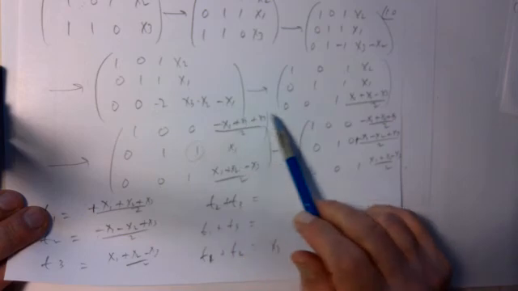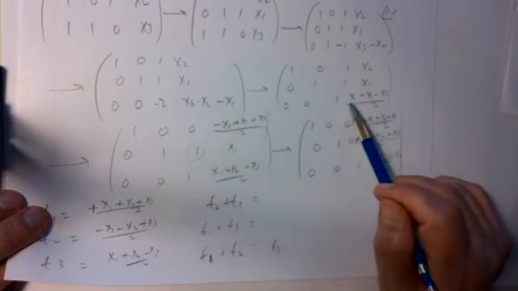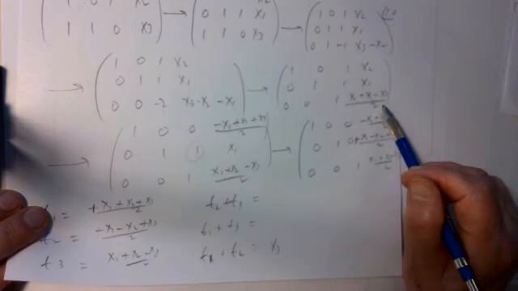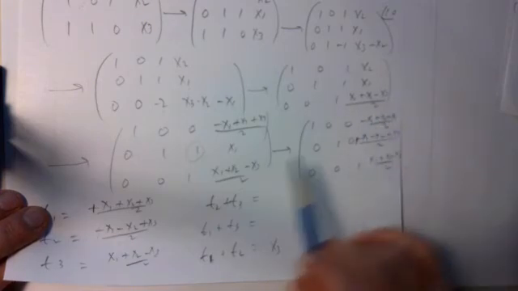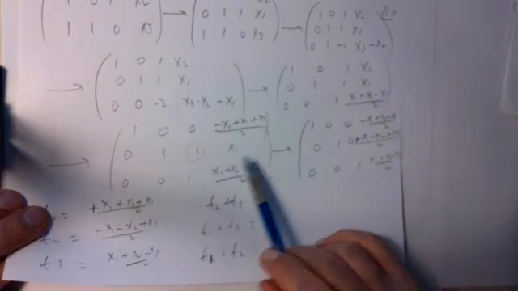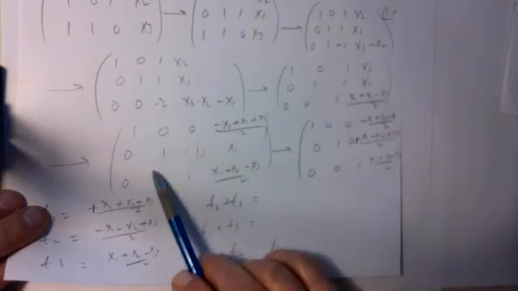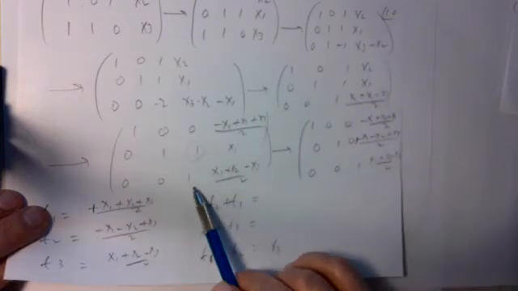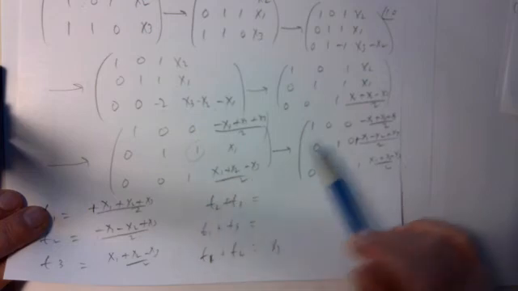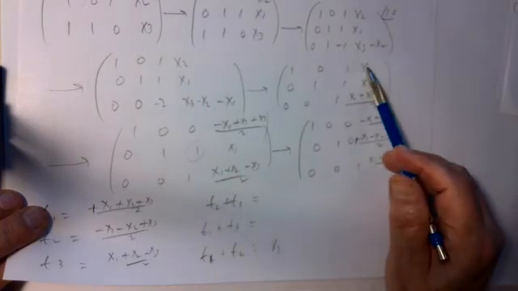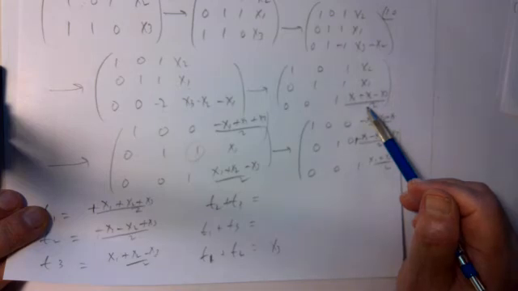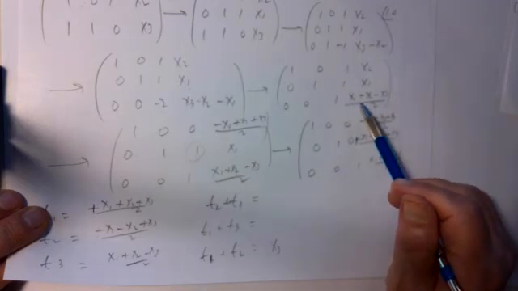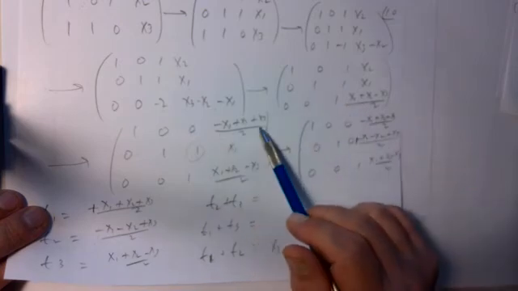And then I divide by minus 2, x1 plus x2 minus x3 over 2. So this I'm sure is correct. Then I subtract the third row from the first row. So 0, 1, 1, x1, 0, 0, 1, x1 plus x2 minus x3. x2 minus this is minus x1 plus x2 plus x3.